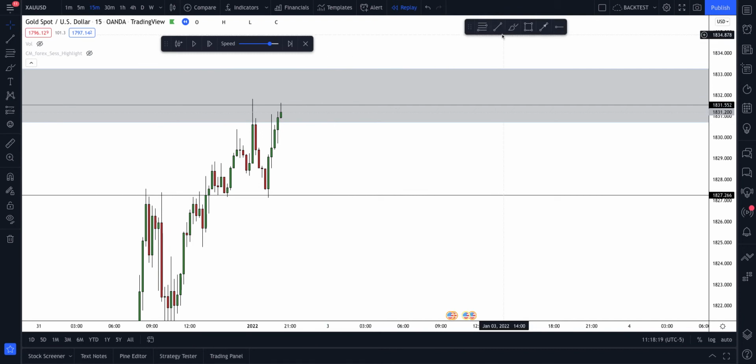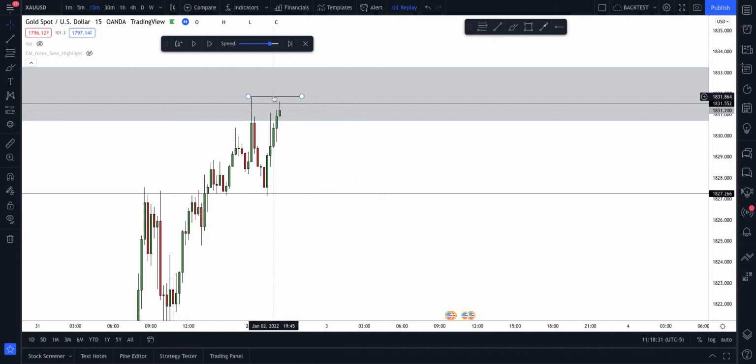You tell yourself anything above this is a buy. Not even a buy, it's a disqualification for a sell to see double tops, right?